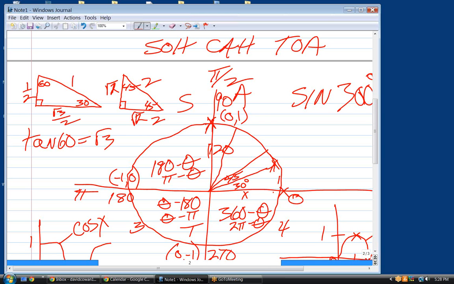But it doesn't matter. The ratios are what count. You can label these things with anything you want. Not sure why they make the hypotenuse 1 as opposed to 2. I see why they want to make this hypotenuse 2 as opposed to root 2, although not really.